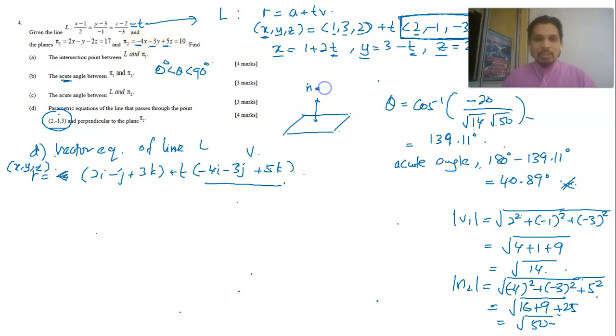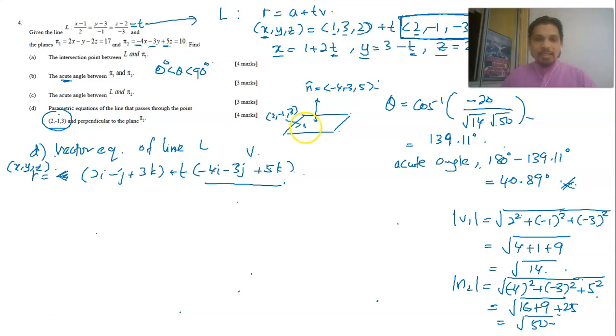We want to form the vector equation of the line passing through the point 2, -1, 3.